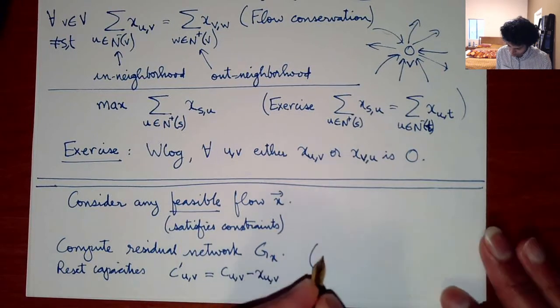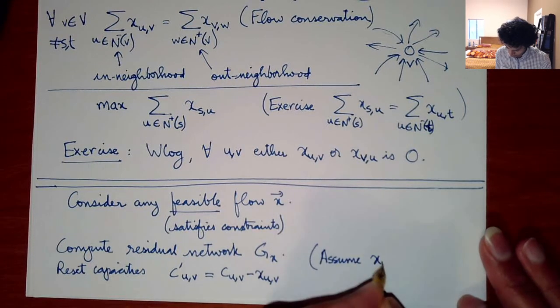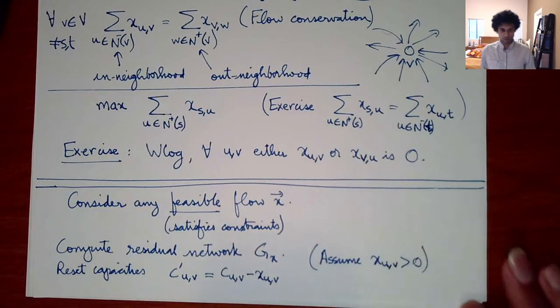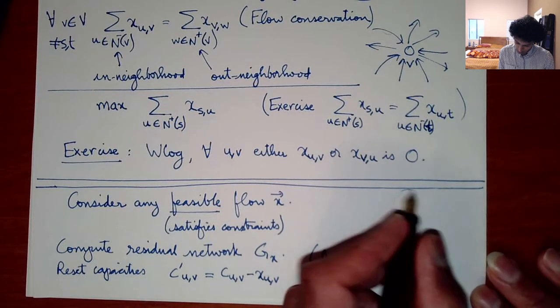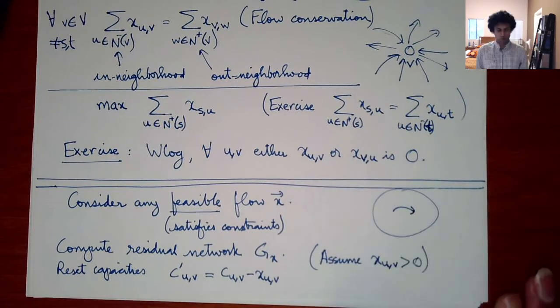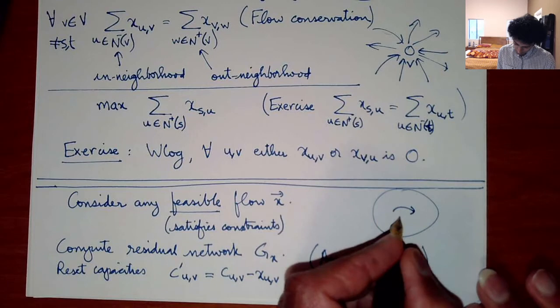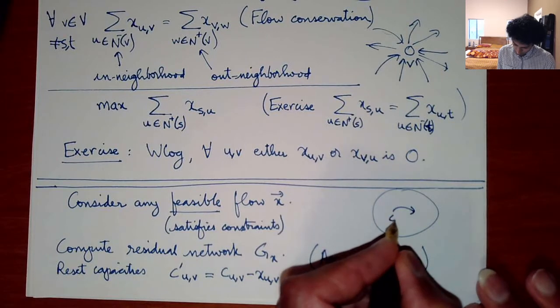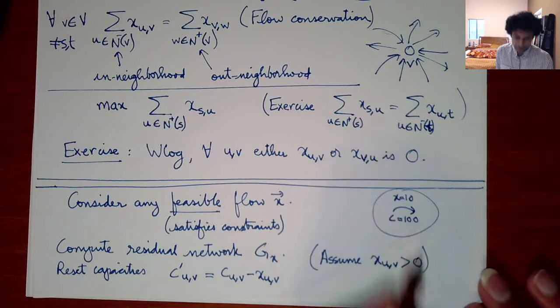So let's just assume that some X UV is strictly greater than 0. So there is some edge which is sending some flow. Suppose the capacity of this was 100, and you're already sending 10 units of flow.